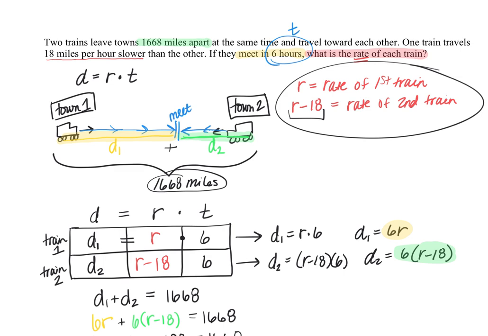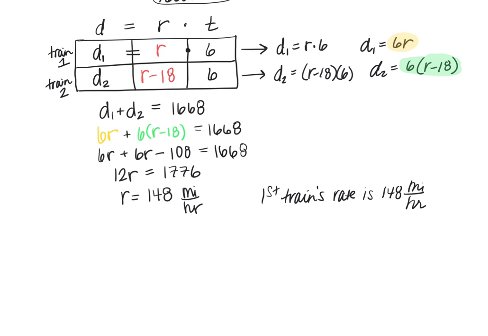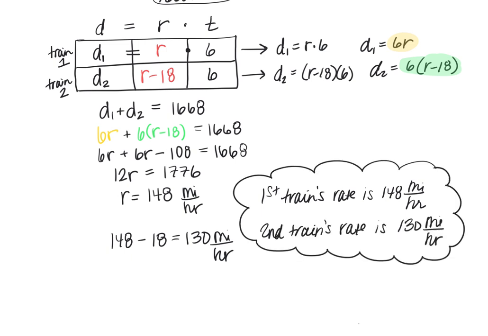That was the slower train, the one that was traveling 18 miles per hour slower. So then we would just need to subtract 18, 148 miles an hour minus 18 miles an hour will give us 130 miles per hour. So the second train's rate is 130 miles an hour. So we have found both trains' rates.